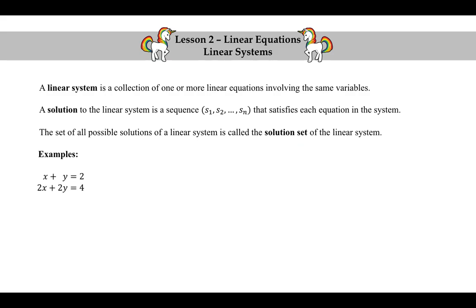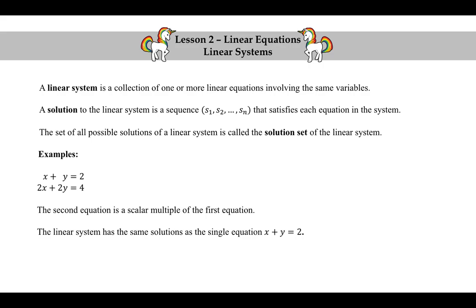One more example. x plus y equals 2, 2x plus 2y equals 4. The second equation here is a scalar multiple of the first equation. If we multiply each term of the first equation by 2, we get the second equation. It follows that the linear system has the same solutions as just the single equation x plus y equals 2.